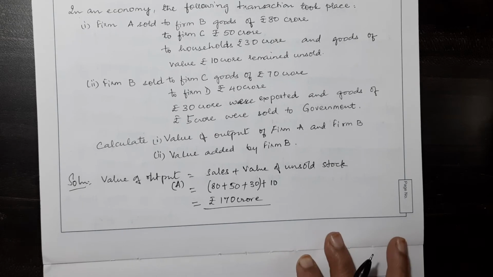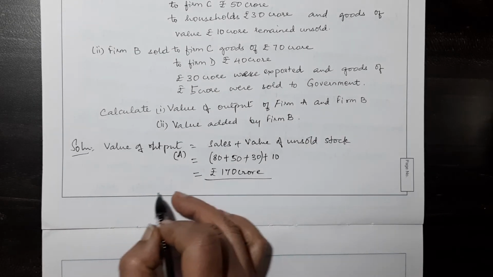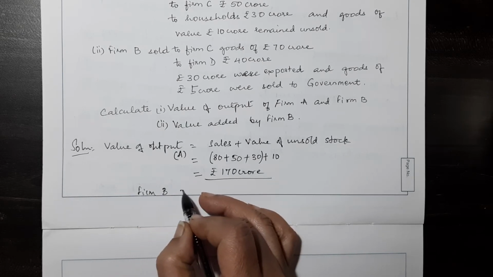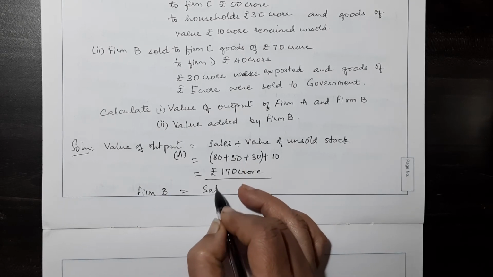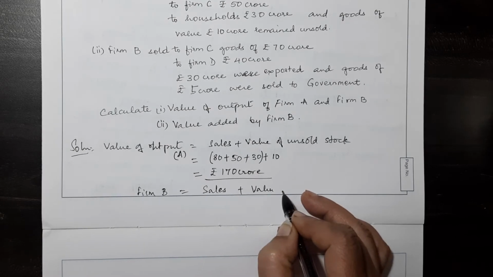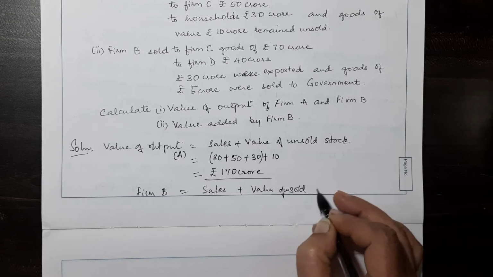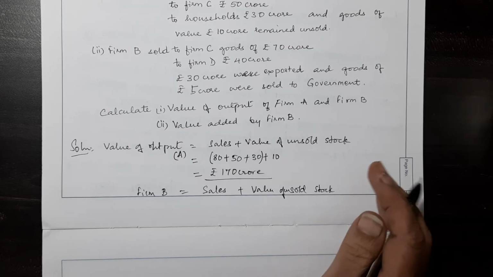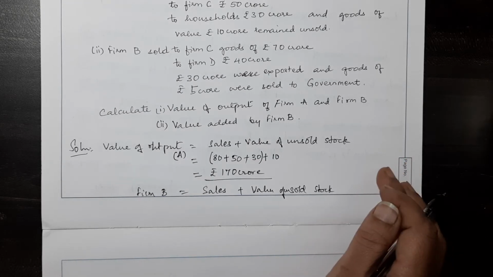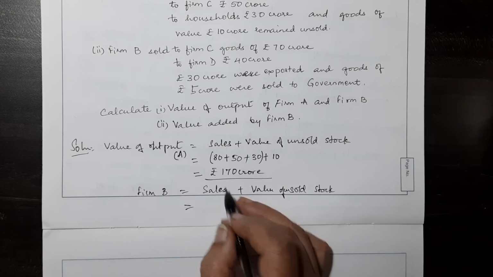That's it. Now let's go to the value of output of firm B. So firm B is equal to the same thing, sales by firm B plus value of unsold stock, if any. Is there an unsold stock for firm B? We don't know, isn't it? So what is the sales of B?